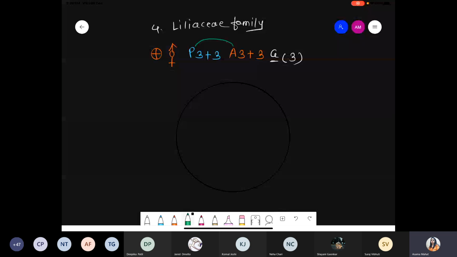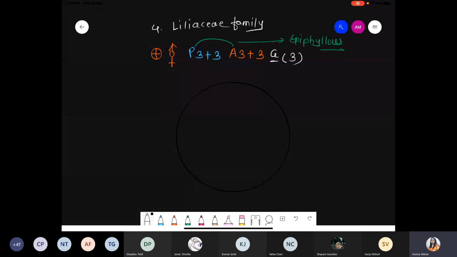Stamen attached to perianth. Yes, it is epiphyllous, not epipetalous. It is epiphyllous, also called the epitepalous condition. Such a condition is simply represented by a single word, that is epiphyllous condition.